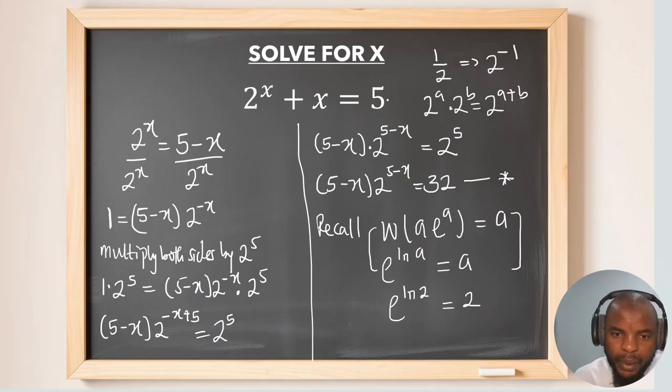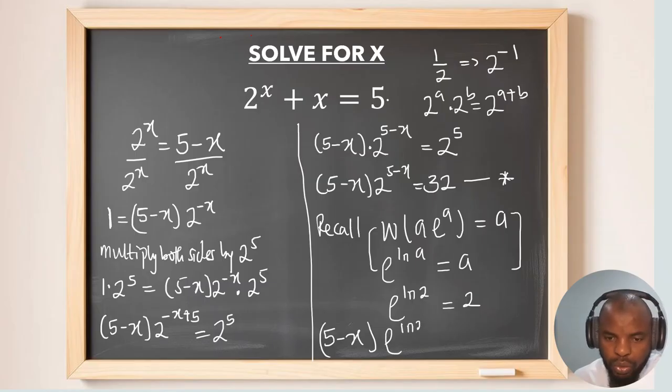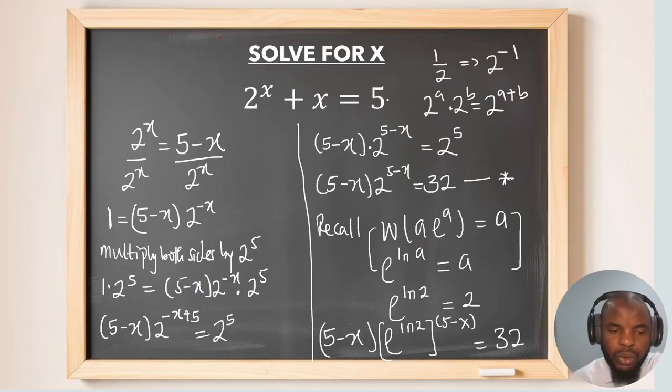So here, I'm going to have 5 minus x, the exponent ln 2. Okay, this is my 2 written in this form, and the power is going to be 5 minus x equals 32.